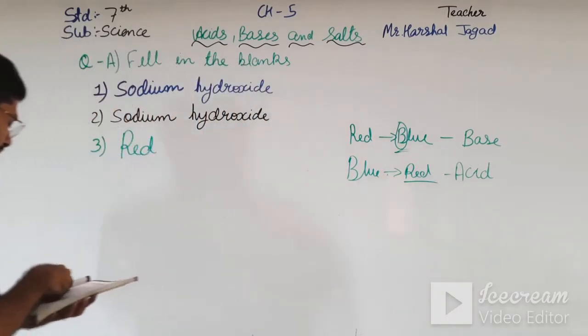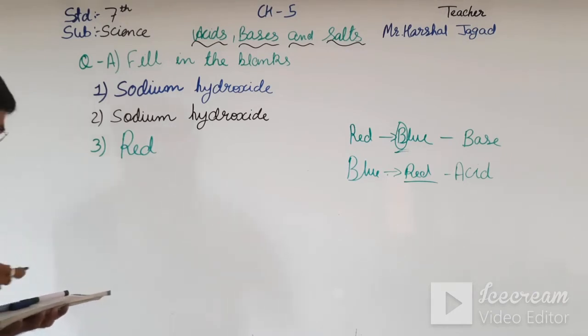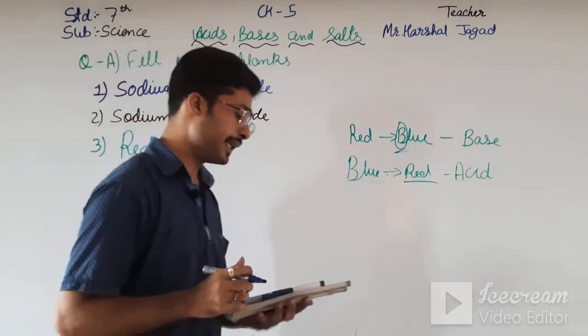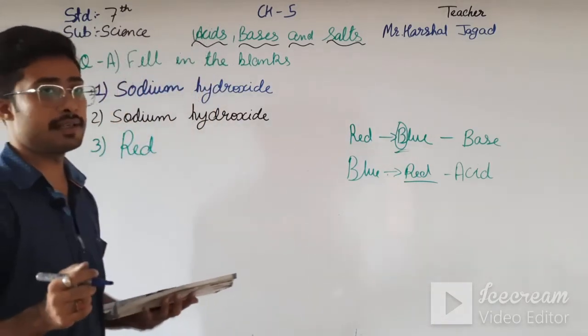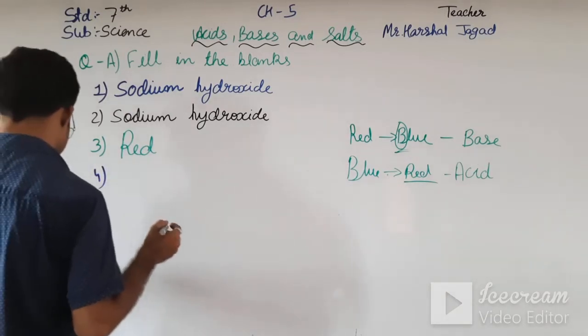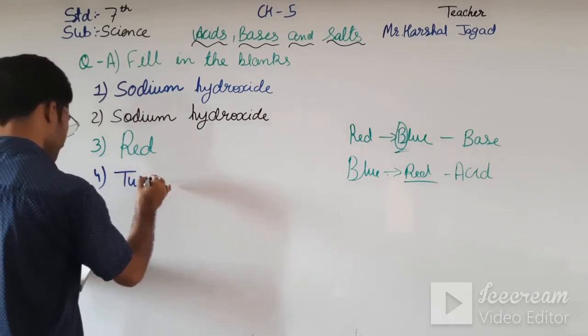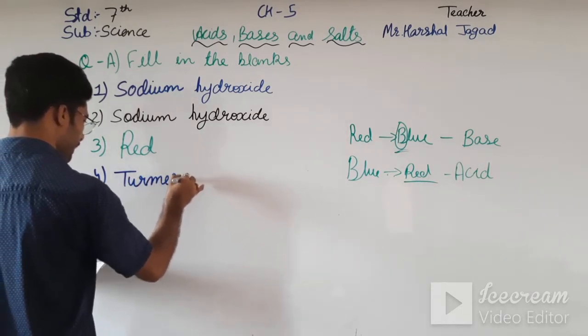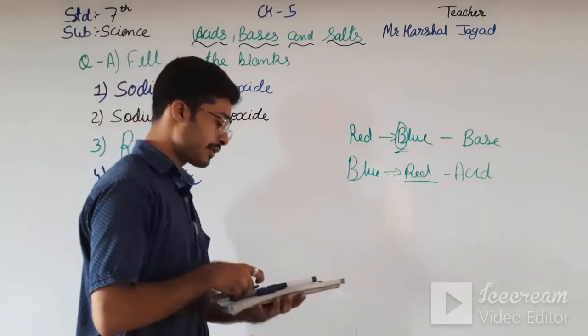Now moving on to the fourth one. Dash is a natural indicator. Methyl orange, no, it is a chemical indicator, and turmeric, yes, it is a natural indicator. So turmeric. Okay students, this is a natural indicator.